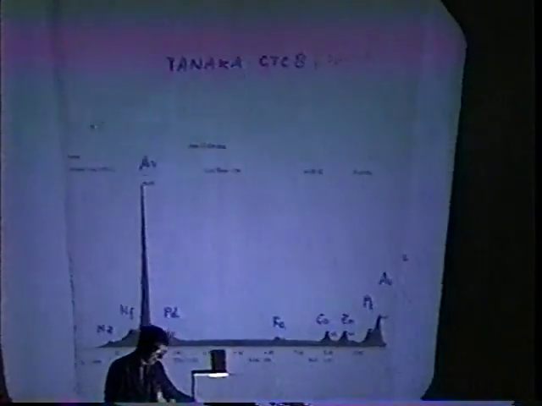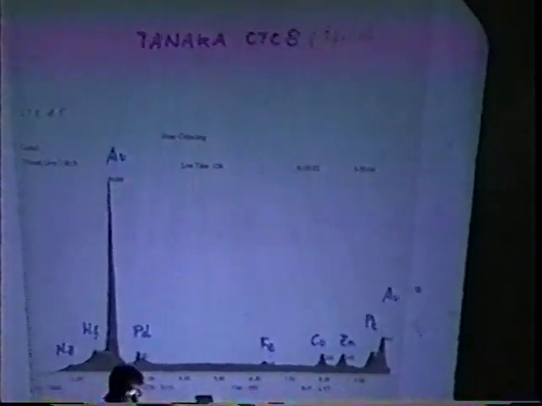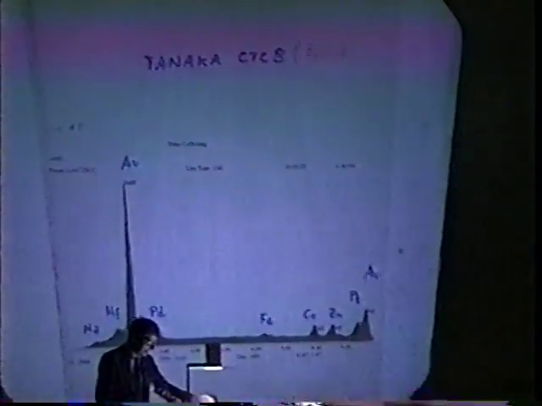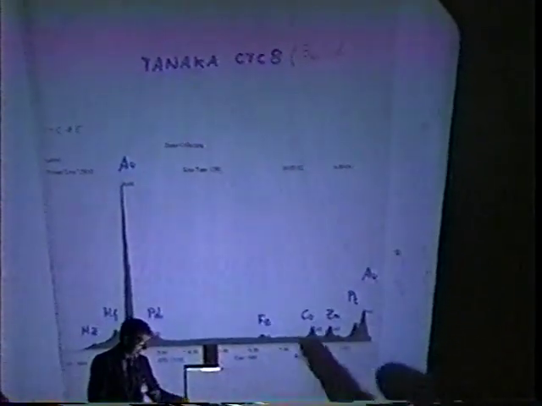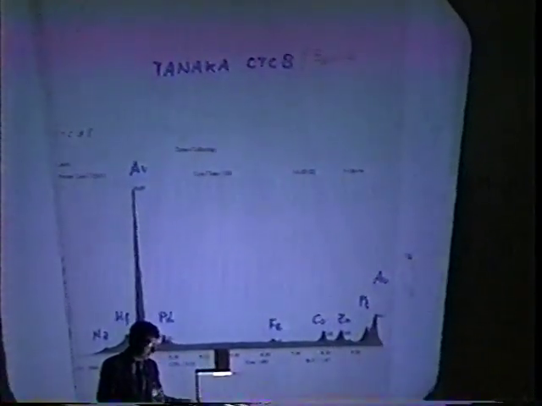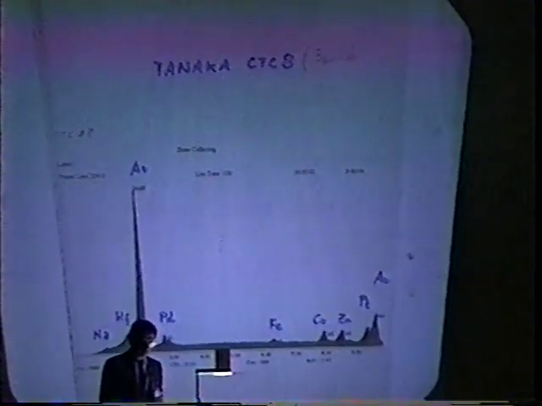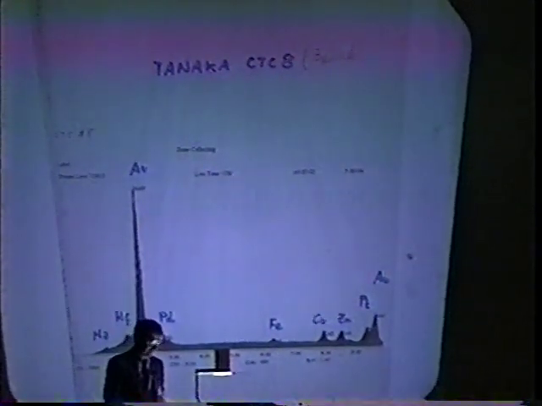This is with another plate of the Tanaka company, and we get gold, iron, copper, zinc, platinum, and so on. It's just a contribution to this new discovery from other people.